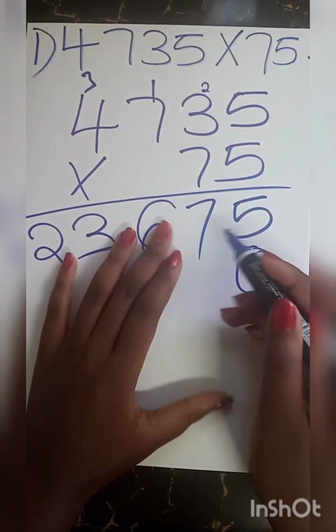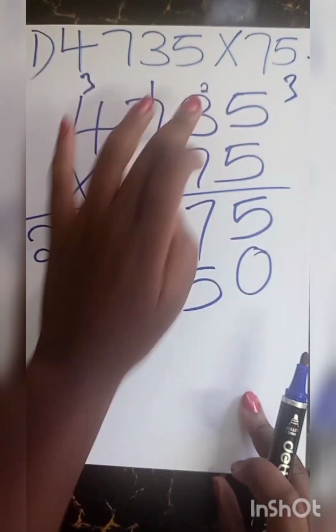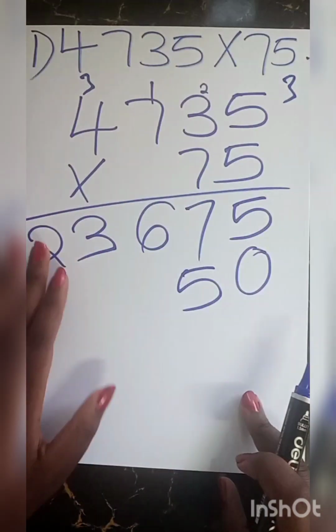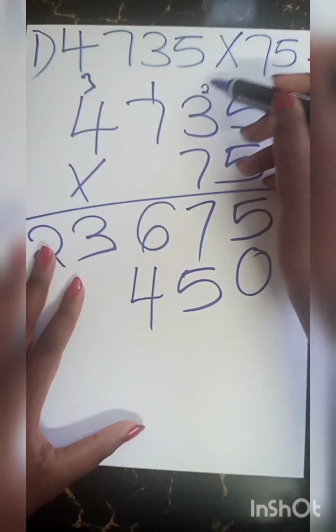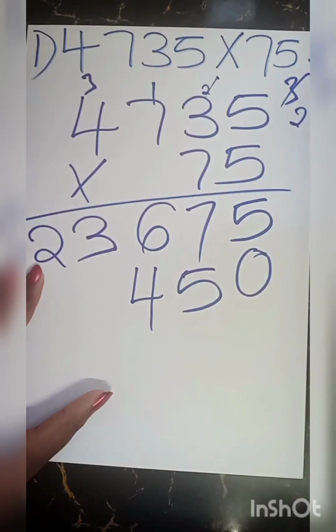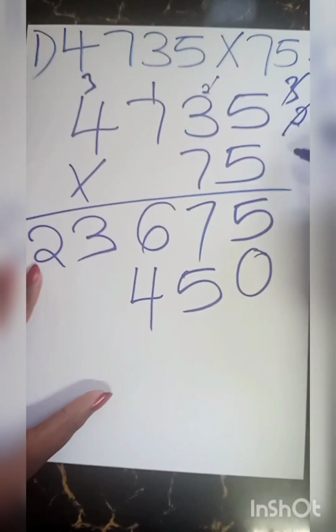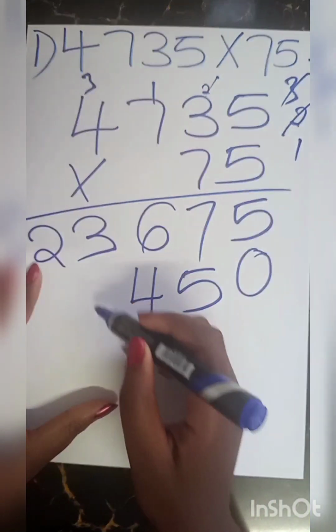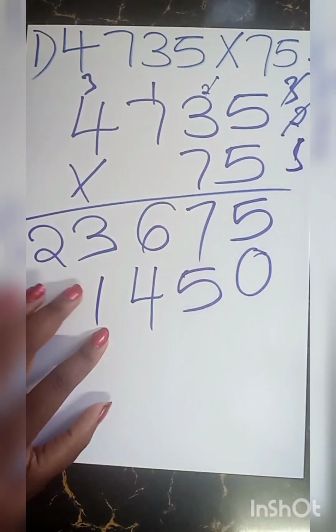7 times 5 is 35. 5 carry 3. 7 times 3 is 21. 21 plus 3 is 24. 4 carry 2. 7 times 7 is 49. 49 plus 2 is 51. Sorry, 1 carry 5.